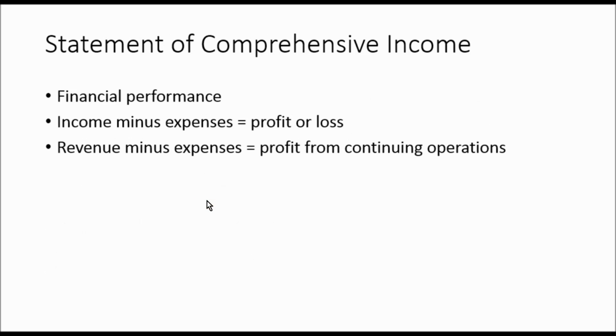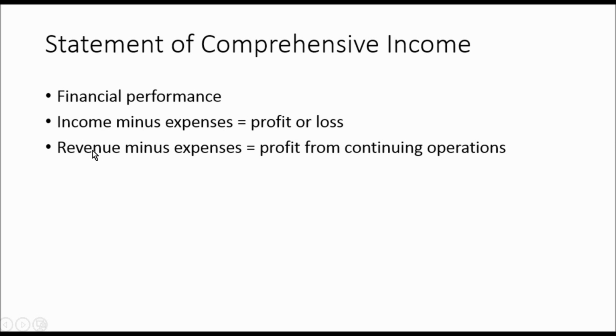Let's carry on. The statement of comprehensive income, which you may know as the profit and loss statement. It records the financial performance of the company, and it's basically income minus expenses, which equals the profit or loss of the company, hopefully a profit.